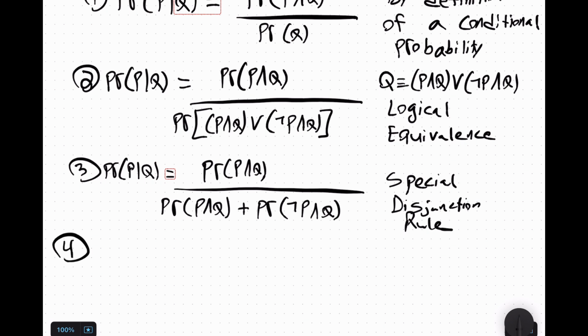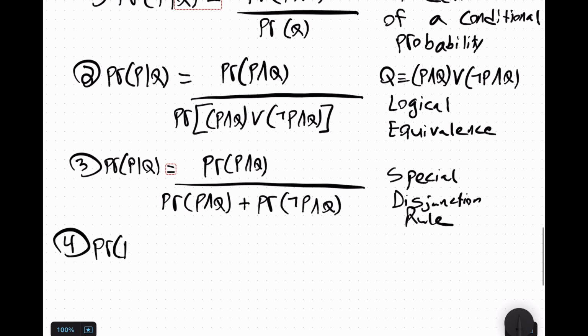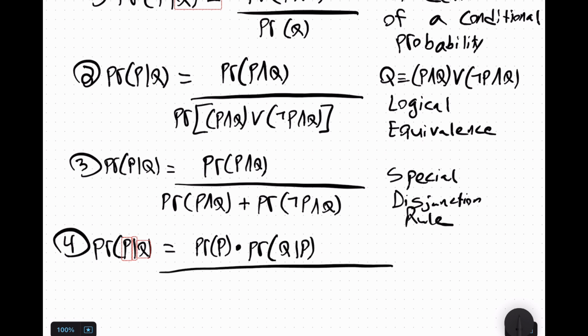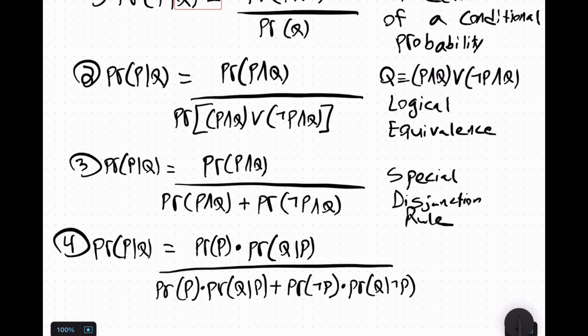And for our fourth step, we can say the probability of P given Q is equal to the probability of P times the probability of Q given P divided by the probability of P times the probability of Q given P plus the probability of not P times the probability of Q given not P. And here we're resorting to the general conjunction rule.